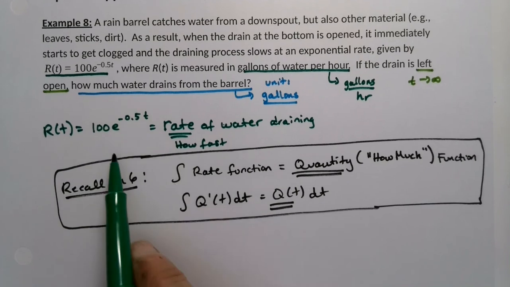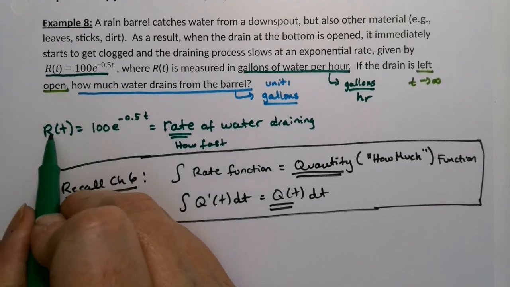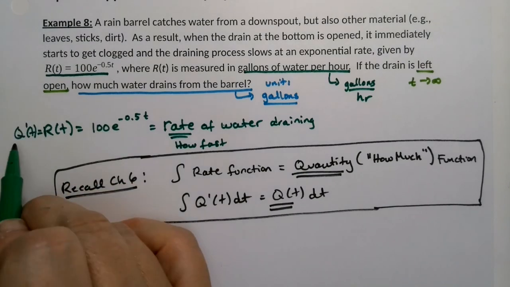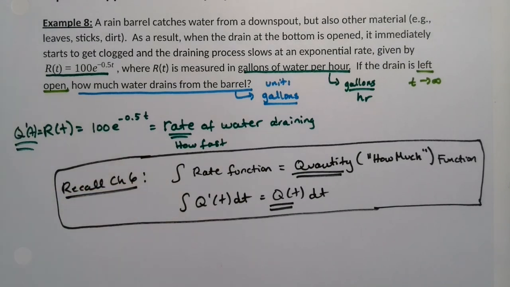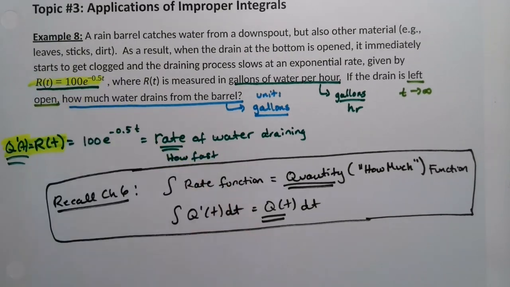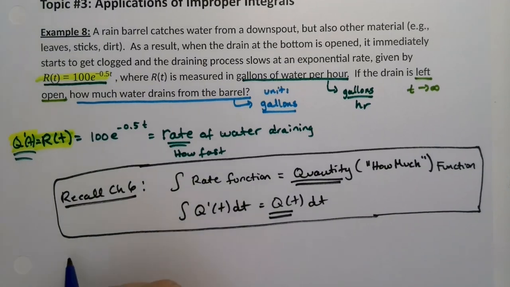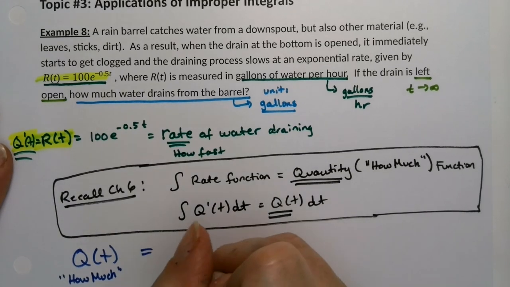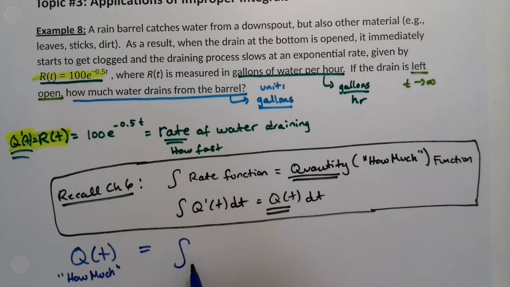Well, because the rate of water, in other words, this R of t is q prime of t. I mean, I didn't call it that, but that's what it is. So this is my q prime right here. That's my rate function. So I'm going to integrate that. All right, so q of t, which is how much water, that's what they asked for, would be equal to the integral from 0 to infinity, right?